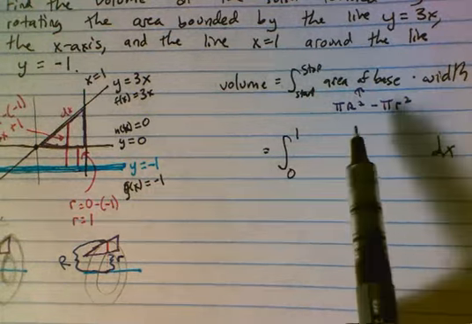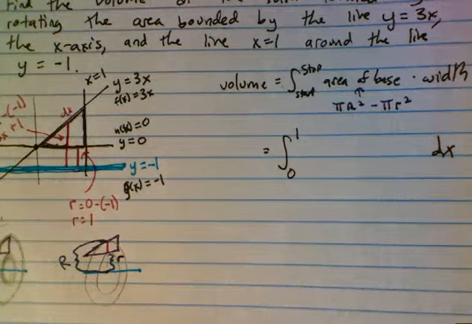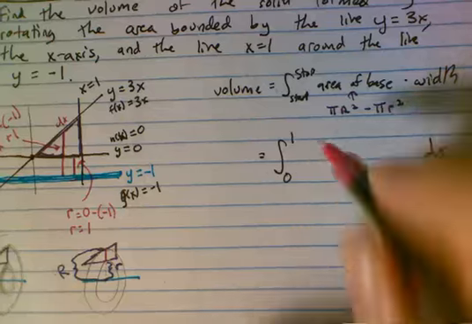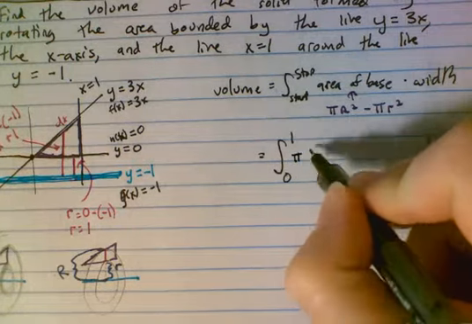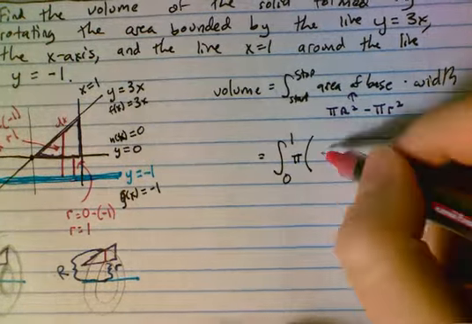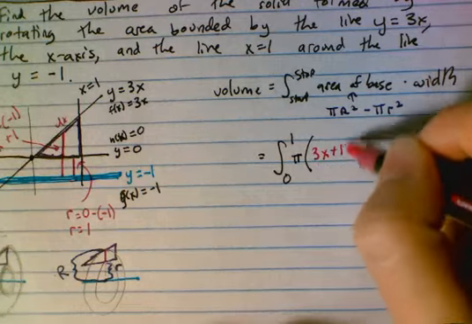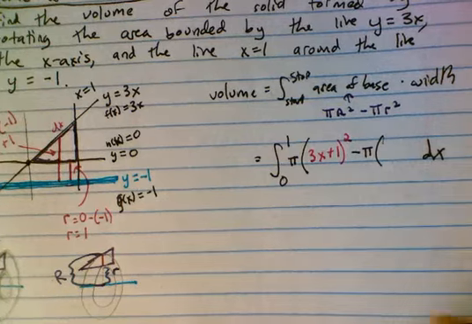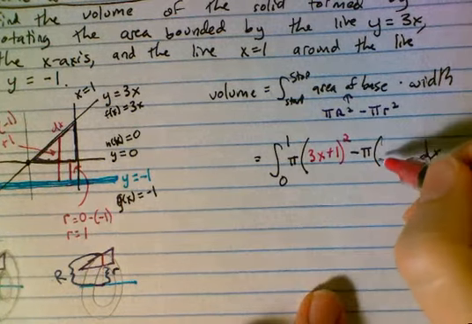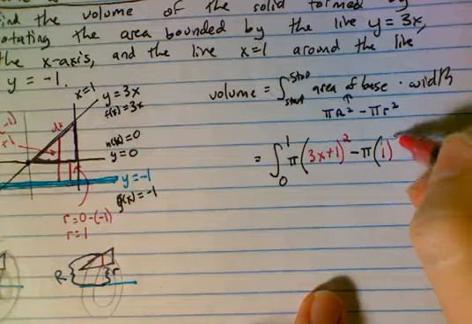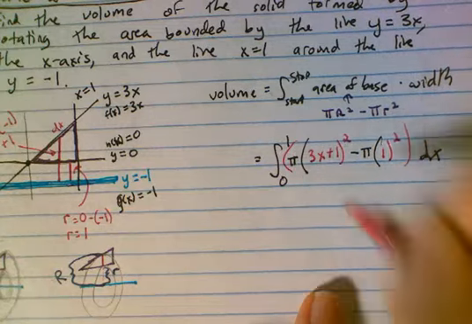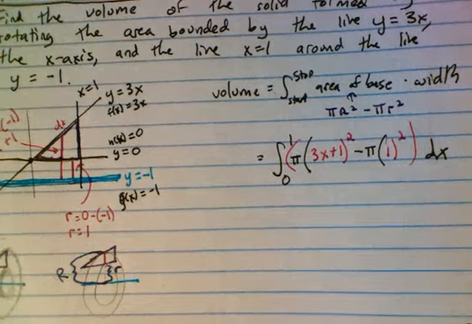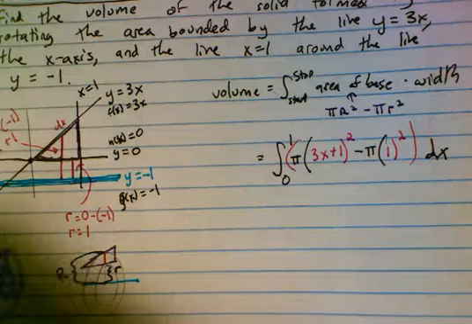Coming back over here, I'm going to put it into my formula for area of the base. So I've got pi big R squared, that's 3x plus 1 squared, minus pi little r squared, all of that times dx.